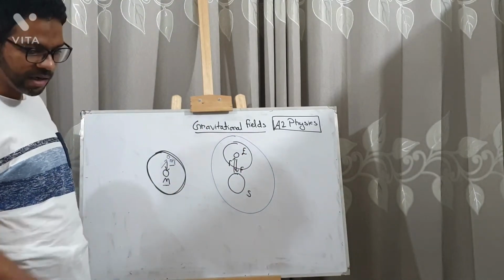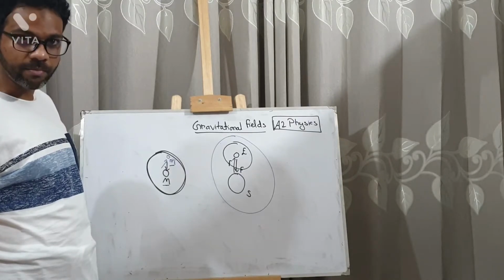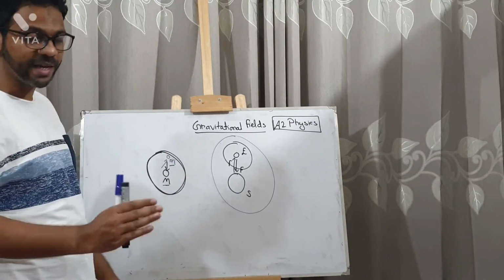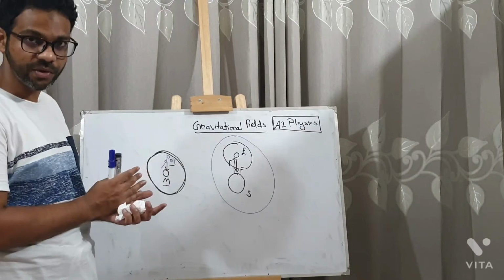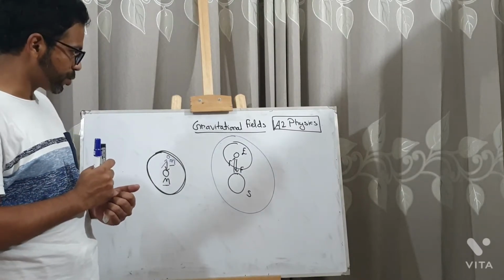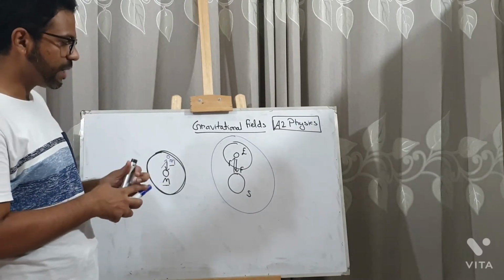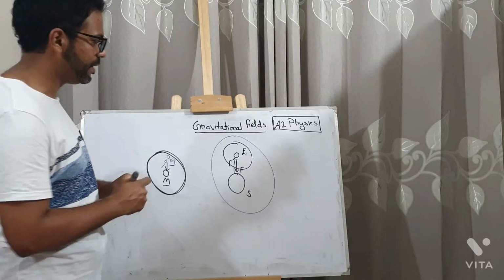Now the next part which comes is gravitational field strength, or the gravitational force. Actually, we will talk about gravitational force first, and then we will go for gravitational field strength. What is gravitational force and how do we calculate that? Let us bring up a very easy example.